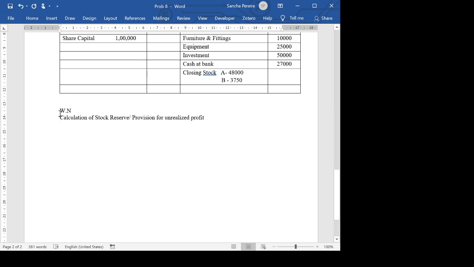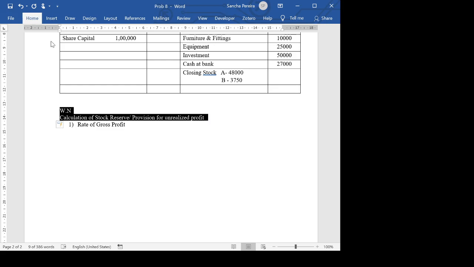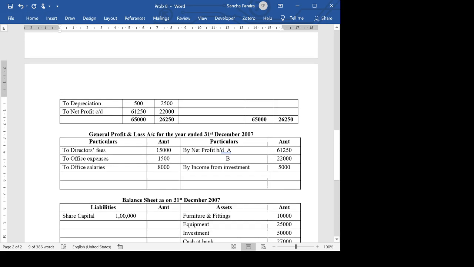The first thing I need to do is calculate the rate, that percentage. I call it the rate of gross profit. Now can you tell me whose rate of gross profit we will have to calculate, A or B?